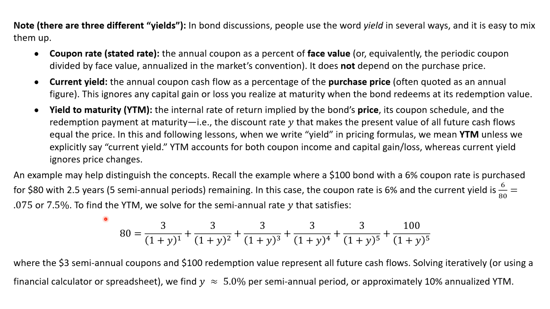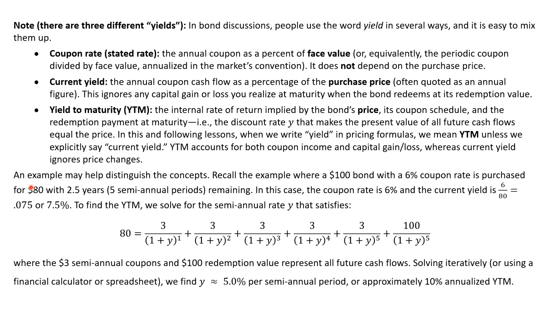He or she missed the first one, but they get the second one. So after 6 months, we have to get the present value of this. So it's (1 + y)^(-1) times 3, or we can write it this way here. And this is the present value of the second coupon payment, third, fourth, and fifth. This is at the very end. And then this is the present value of the $100 you get at the end. And then we set that equal to 80.